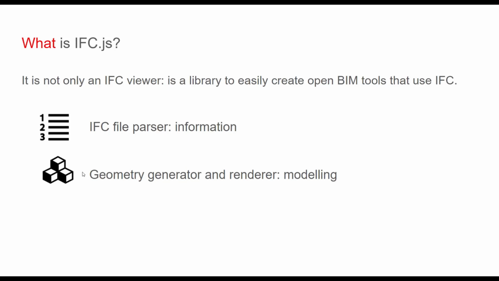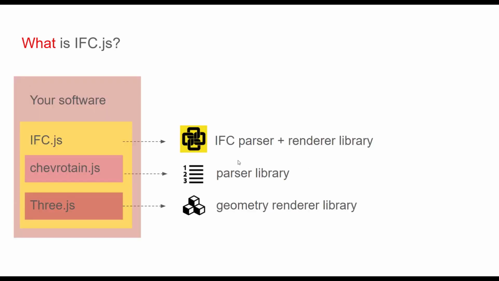So in the end, the consumer or the user that uses this library will have easy access to the information of the file and also the geometry that is generated. So you will be able to, you will see now that you will be able to work with both things.